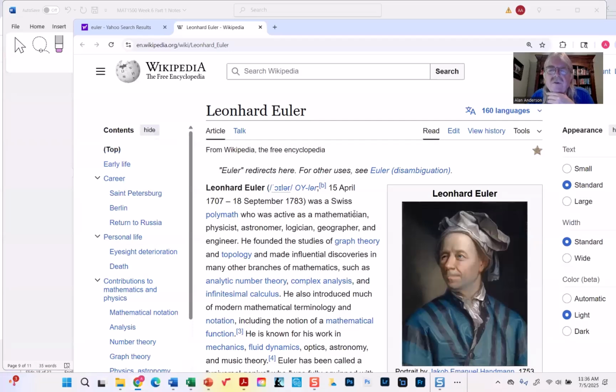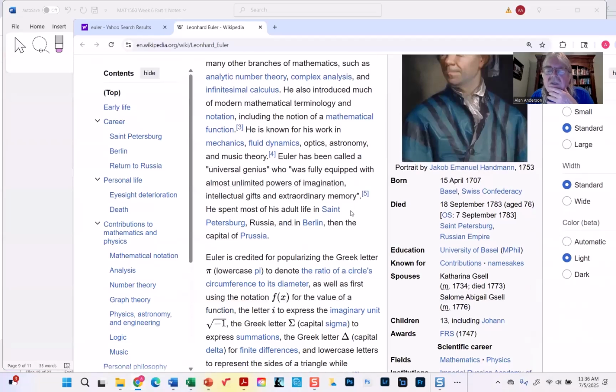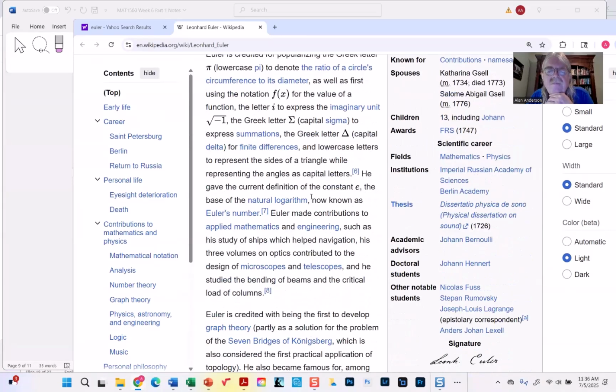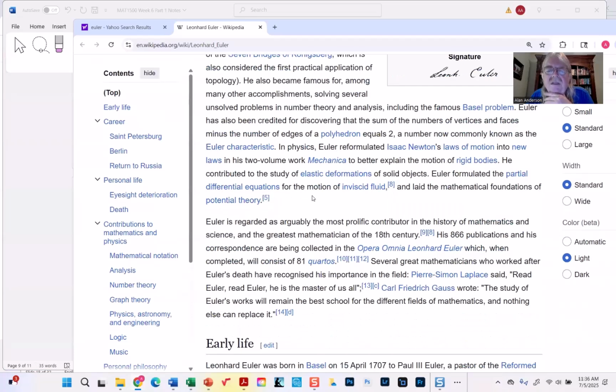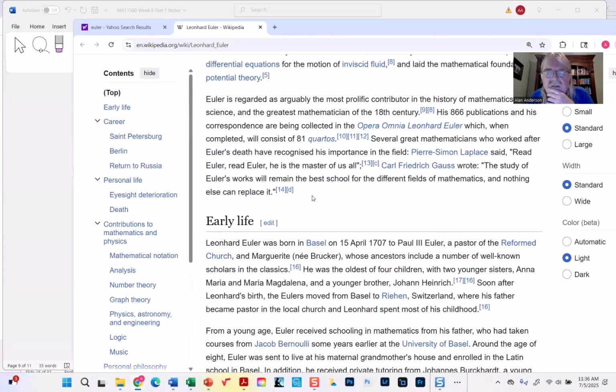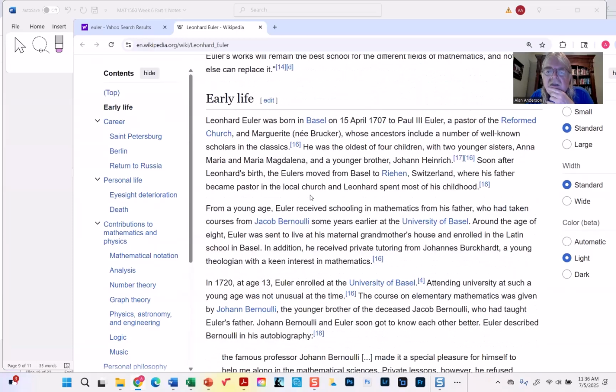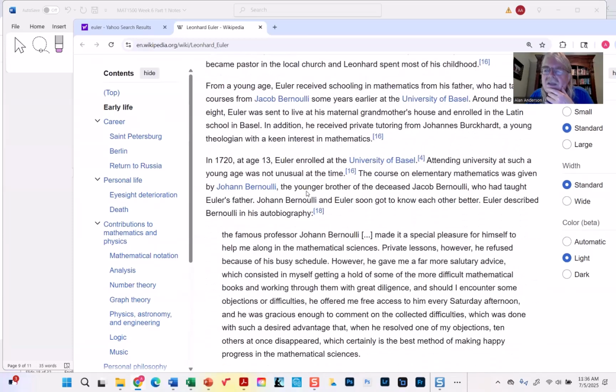Oh, it was even further back than that, in the 1700s. A lot of things that we use on a daily basis in math were invented by him. But he didn't invent e, he read about it in some papers written by other mathematicians. And apparently he was an egomaniac and he decided that we should call that number e.